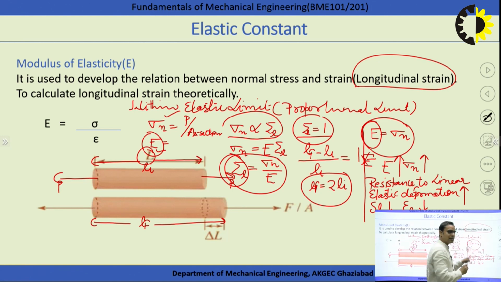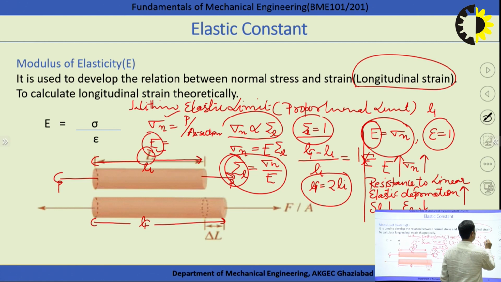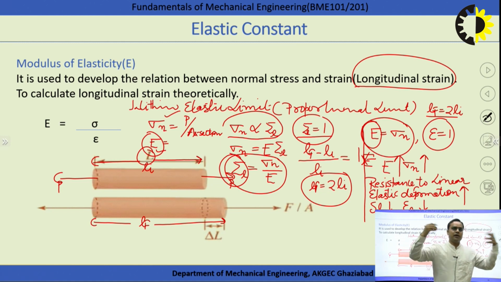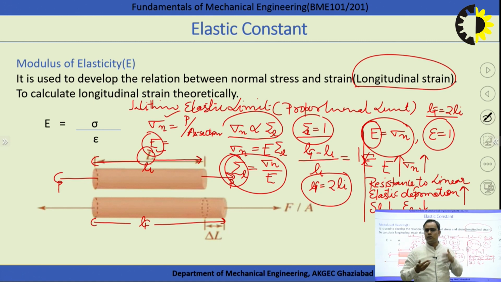Young modulus is also defined as the amount of normal stress required to cause the unitary strain. And what is the meaning of unitary strain? The final length is just double the initial length, meaning after the application of the force on the body, the final length is just double the initial length. As E increases, the value of sigma n increases. As sigma n increases, resistance to linear elastic deformation will increase.